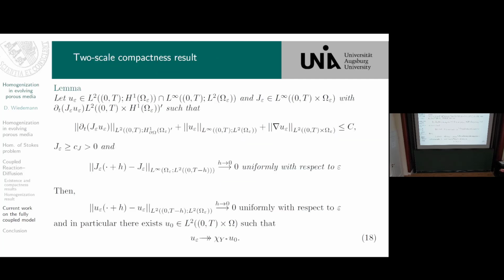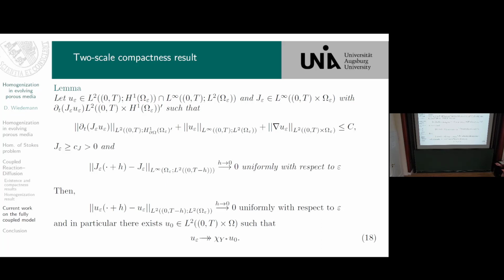And then we made our compactness results a little bit more abstract in order to avoid working too much with the equation itself. So we could now rely only on some a priori estimates. If we have these a priori estimates, we get this uniform control of the shift of the determinant.